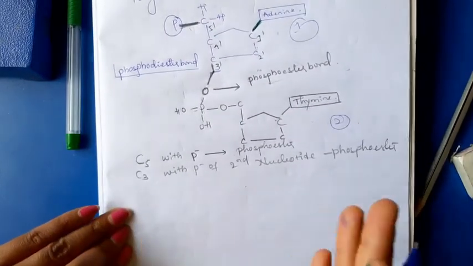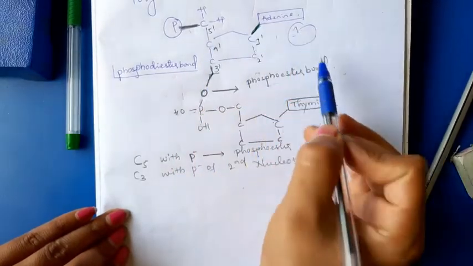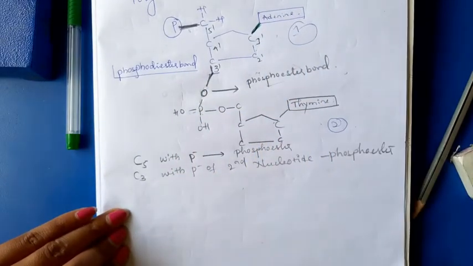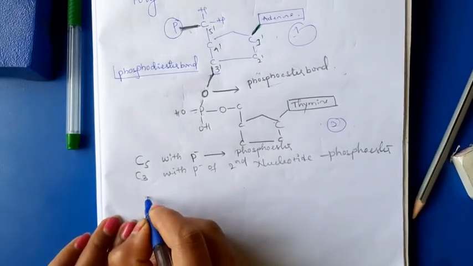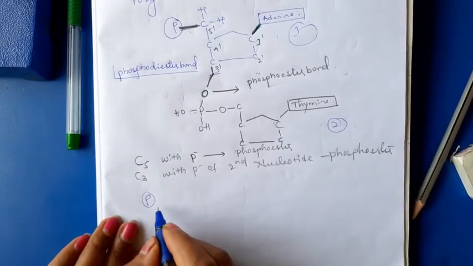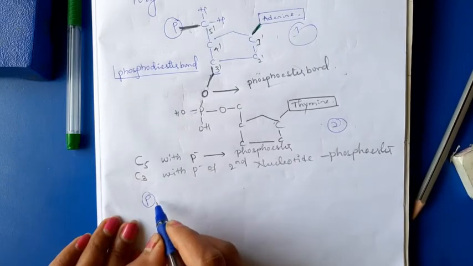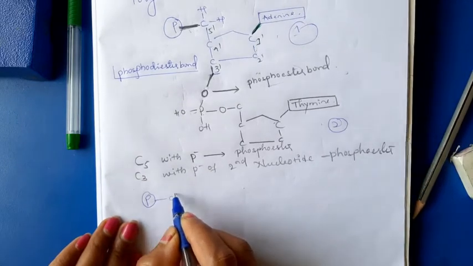Now we can see the polynucleotide. This is one nucleotide and this is a second nucleotide. Here the phosphate group is always attached with the fifth carbon atom.